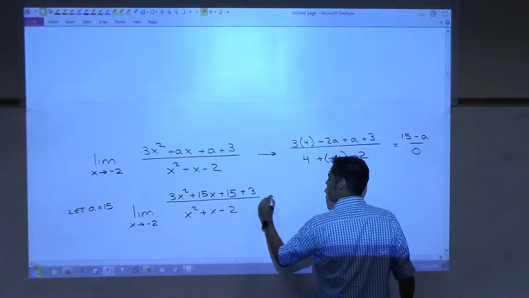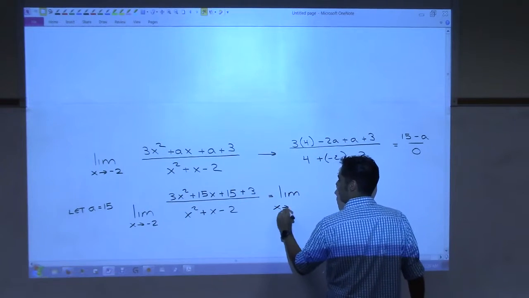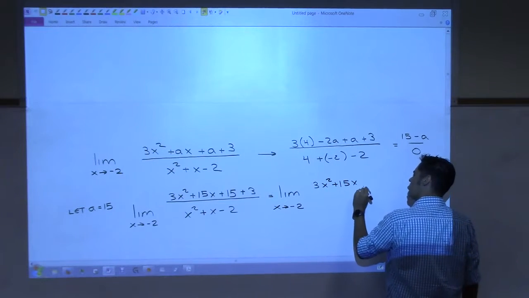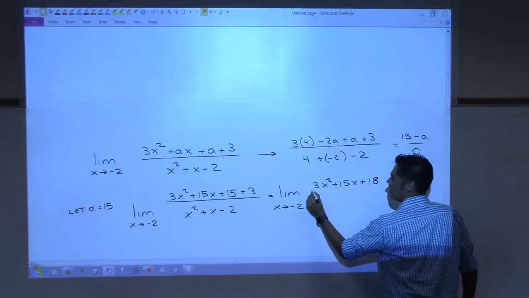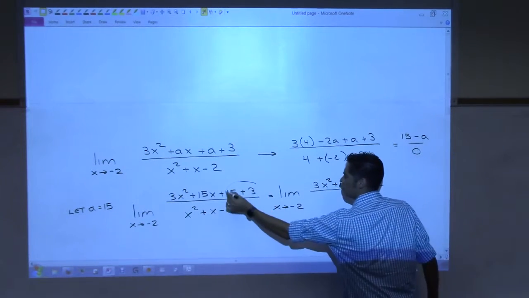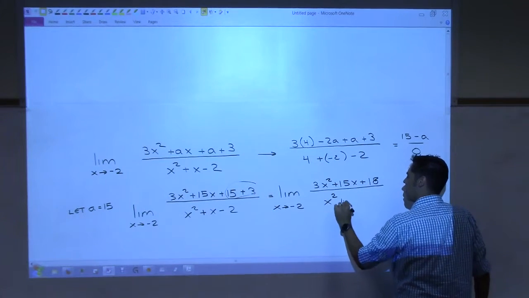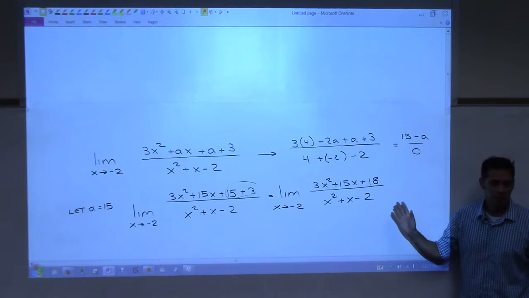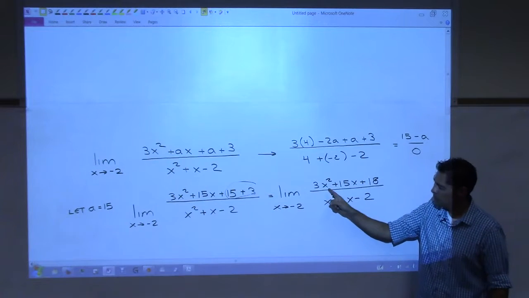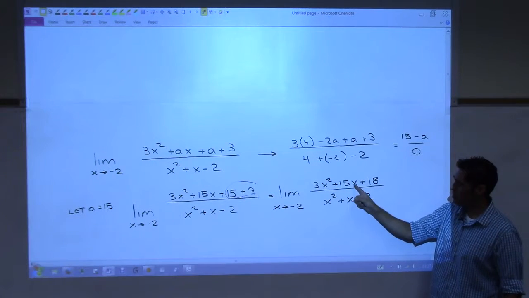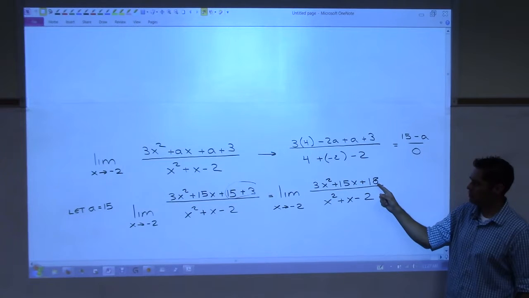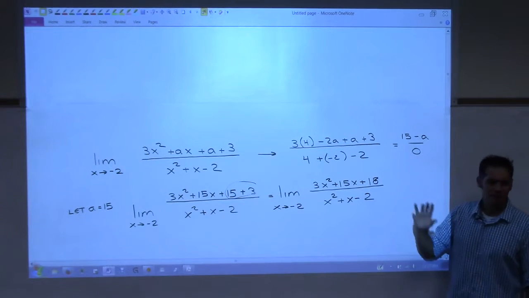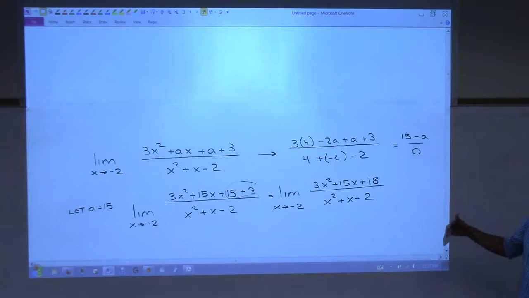I think I'll clean it up a little bit before I do any checking. 3x squared plus 15x, plus 18, because I can put these together, over x squared plus x minus 2. Now I know I should get 0 over 0. Do we need to check? 4 times 3, sorry, 12, minus 30 plus 18. Yeah, you'll get 0, all right? So you get 0 over 0.